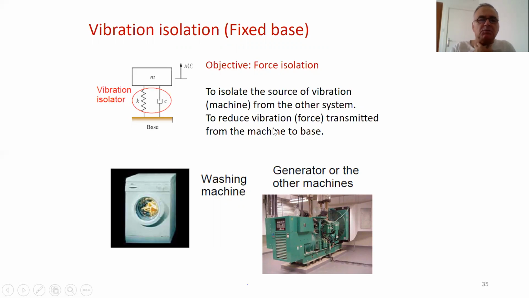So you want to reduce the vibration force transmitted from the machine to the base. As I said, the examples are a washing machine or other kinds of machines which have inherent vibration in them.